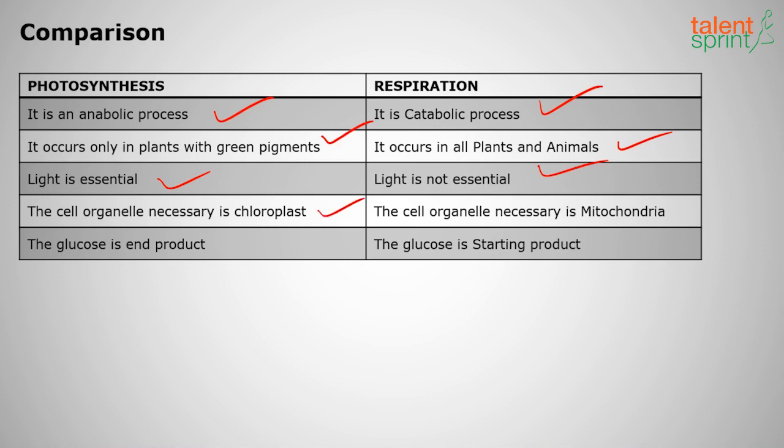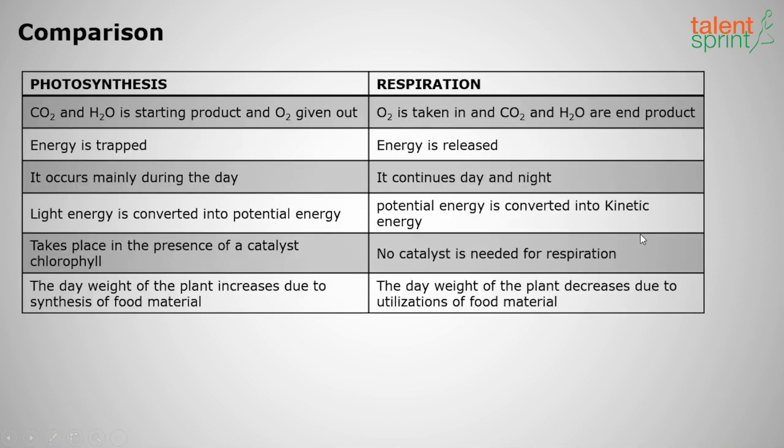The chloroplast is the cell organelle required for photosynthesis, and mitochondria is necessary in respiration. Glucose is the end product in photosynthesis, and it is a starting product in respiration. CO2 and H2O are starting products in photosynthesis, and O2 is given out. Opposite will be done in respiration. O2 is taken in and CO2 and H2O are end products.